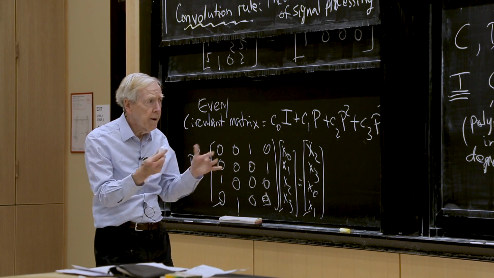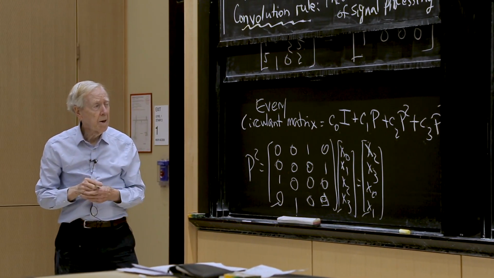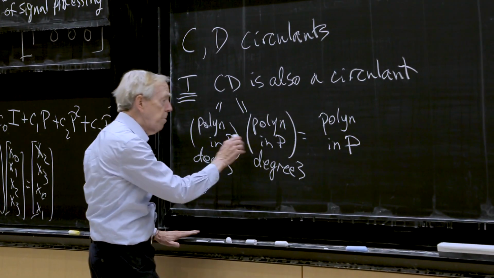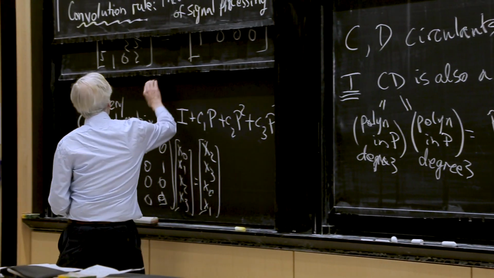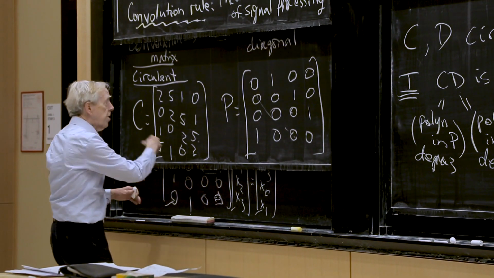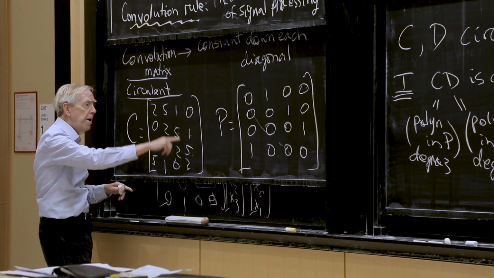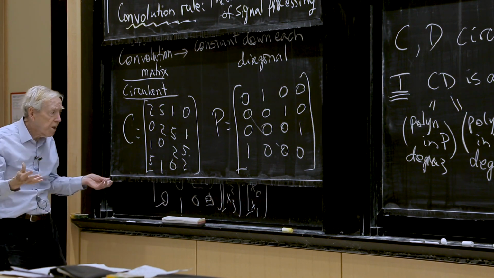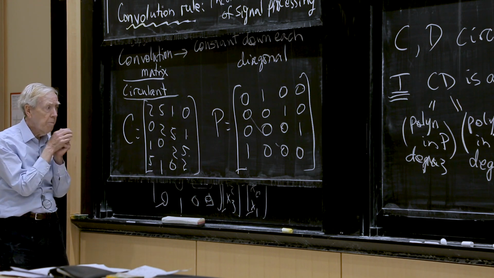But I don't want that. Somehow I have to define multiplication so that I want this to be degree 3. These are all supposed to be 4 by 4 matrices. Just like that one. That's twice the identity plus 5P plus 1P squared plus 0P cubed. And suppose I square that. Then again, I'm going to get a circulant matrix.